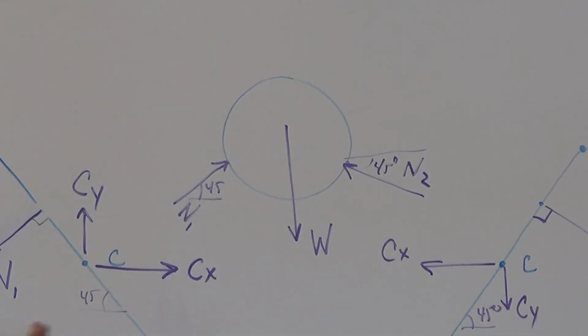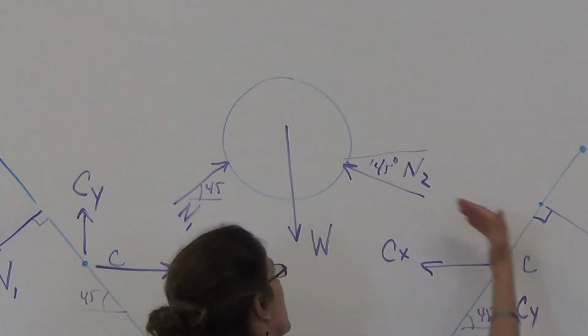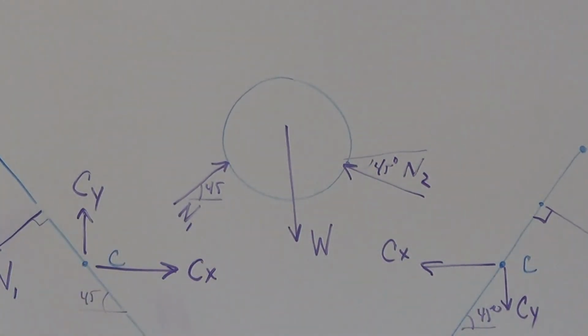So why do these two normals go up this way? Because it was touching this bar, and the bar is pushing up on it. So the bar is pushing up on it, normal goes this way, bar is pushing up on it, normal goes that way. It's what it's experiencing, which is a compression force.